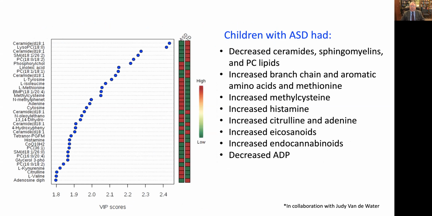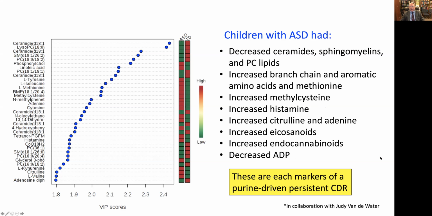They had an increase in branched chain and aromatic amino acids and methionine, an increase in methylcysteine. Histamine increased, as you might see with activation of mast cells. Increased citrulline and adenine, and increased endocannabinoids, and a decrease in ADP.